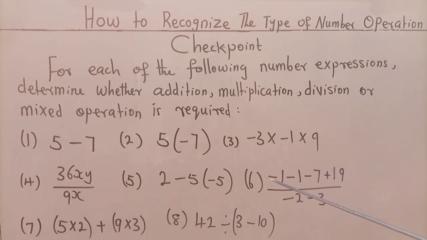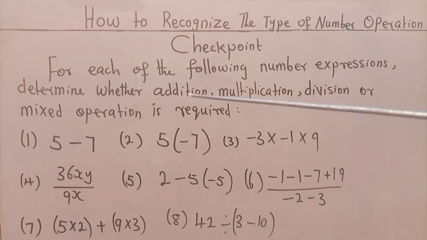Number 6, minus 1, minus 1, minus 7, plus 19 over minus 2, minus 3. Number 7, 5 times 2 plus 9 times 3. Number 8, 42 divided by, in bracket, 3 minus 10.